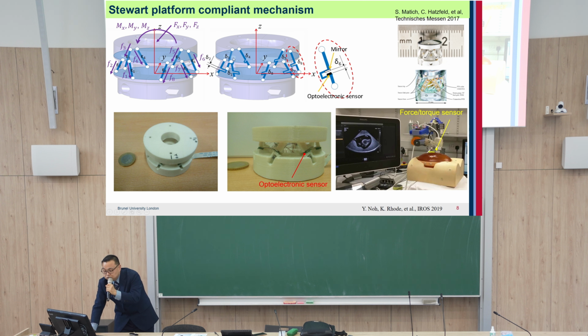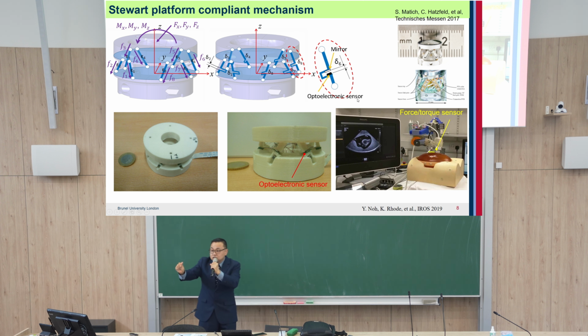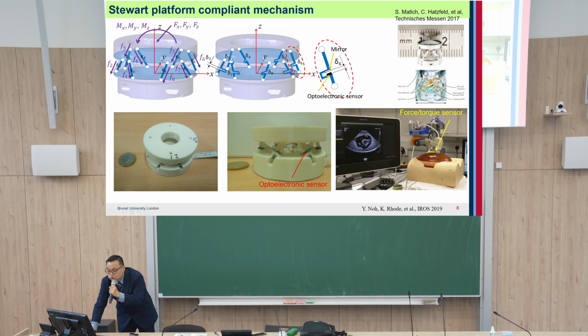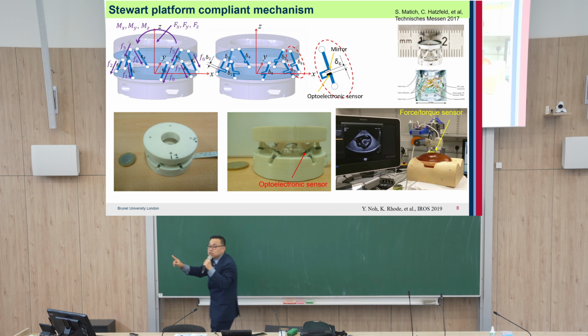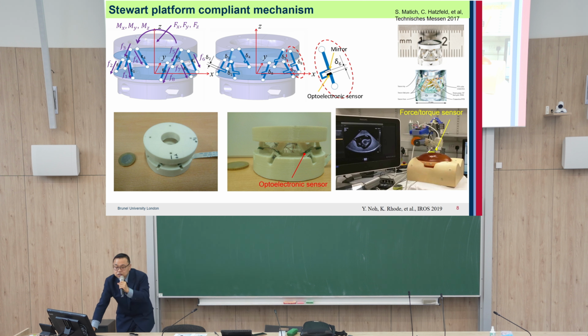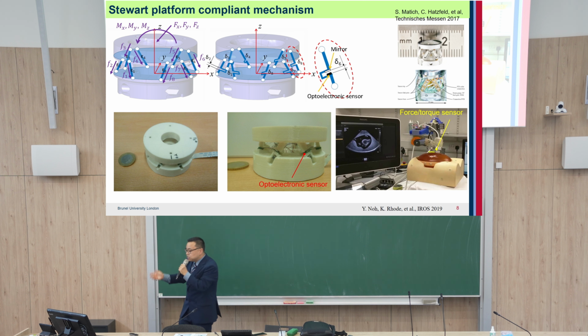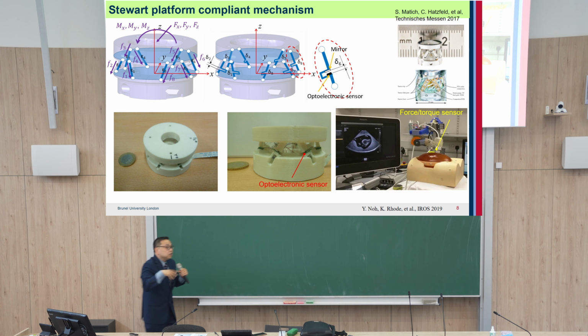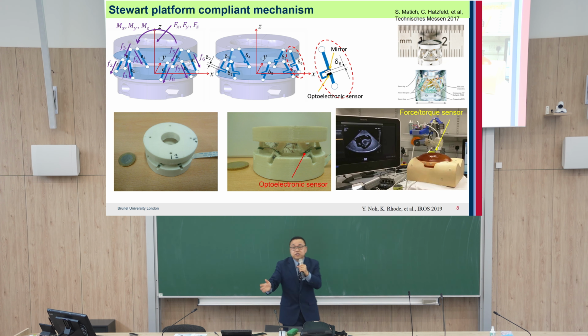All the forces transmit to each leg, and the optoelectronic sensor can measure tiny displacement. From displacement, we can calculate the force on each leg transmitted from the top plate. From that force information, eventually 3 force and 3 moment components can be calculated. This is how to design a low-cost force and torque sensor using an optoelectronic sensor.